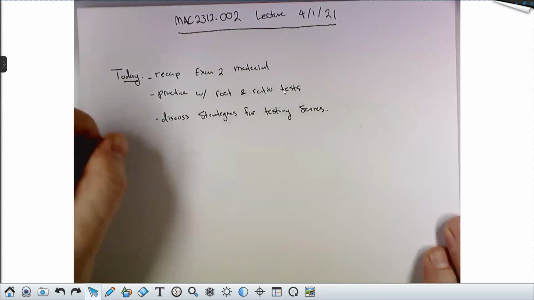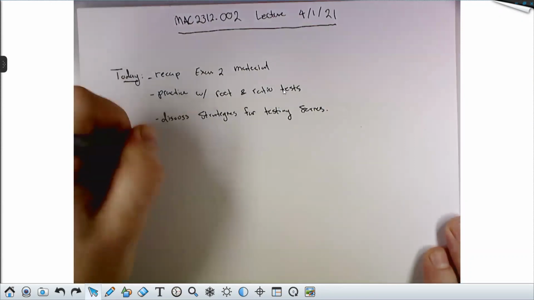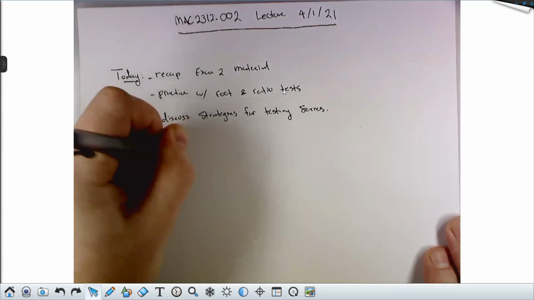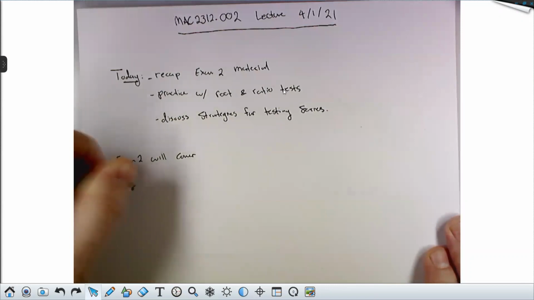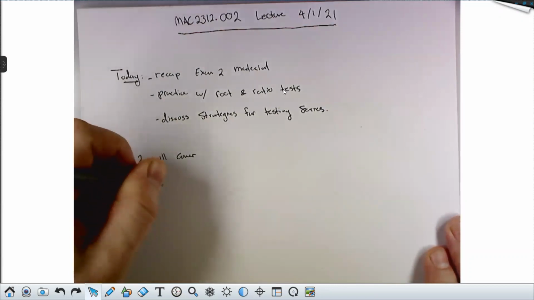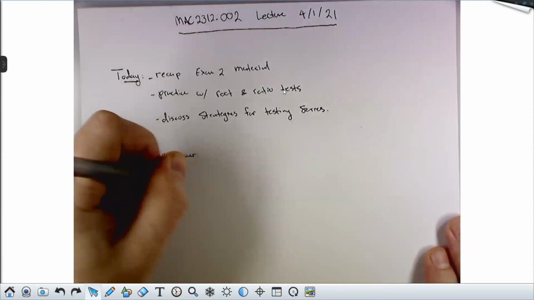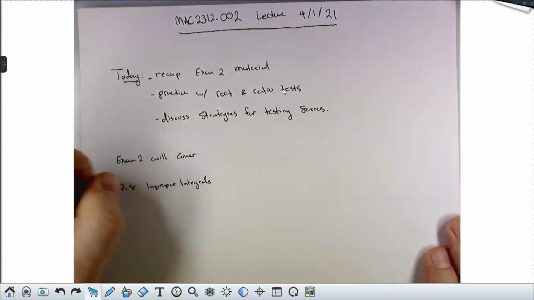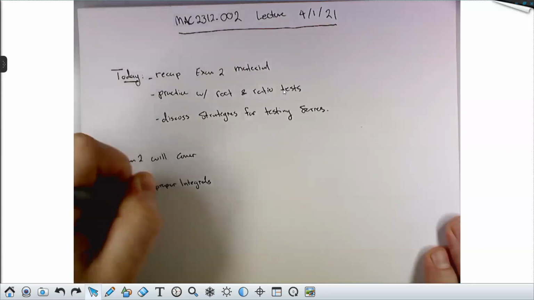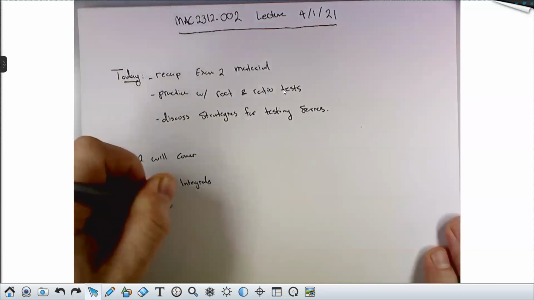So exam 2 will cover the following sections. There's section 7.8, which is on improper integrals. Section 11.1, which is on sequences.